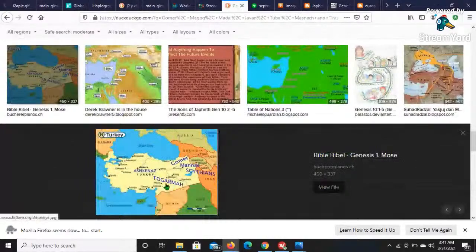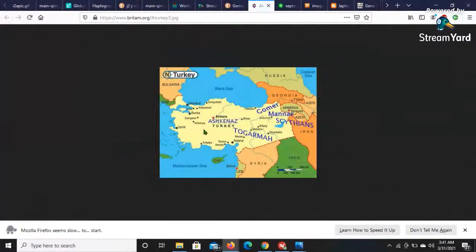There's another map. Gomer is over here. Scythians. See, the Scythians were the Israelis, apparently, that actually went up over this side here. But the Scythians are mentioned in the Bible as well.